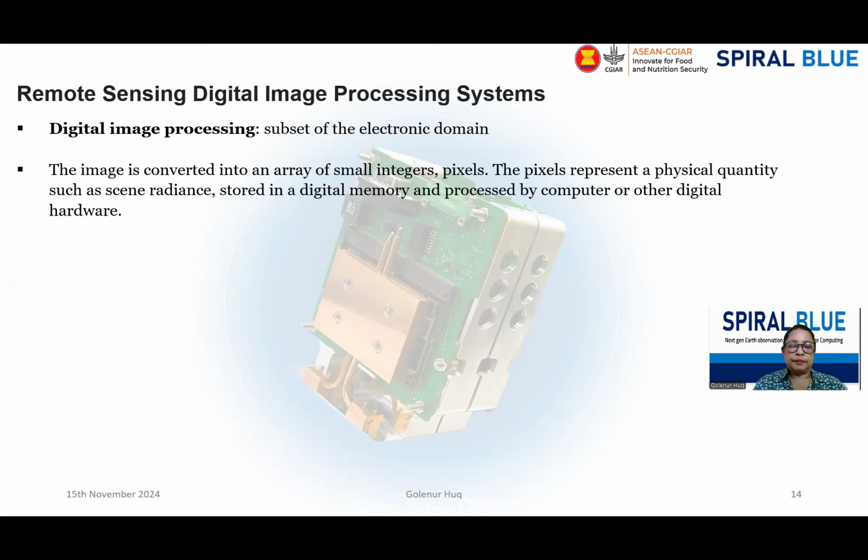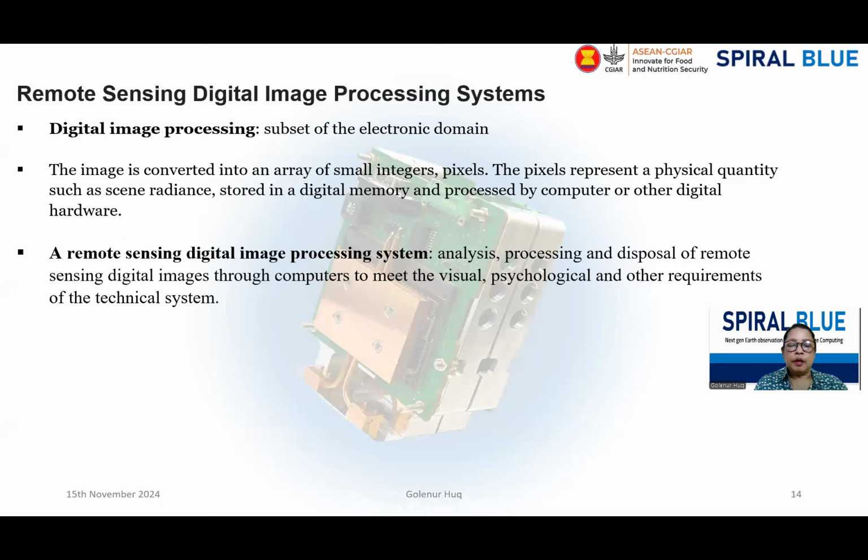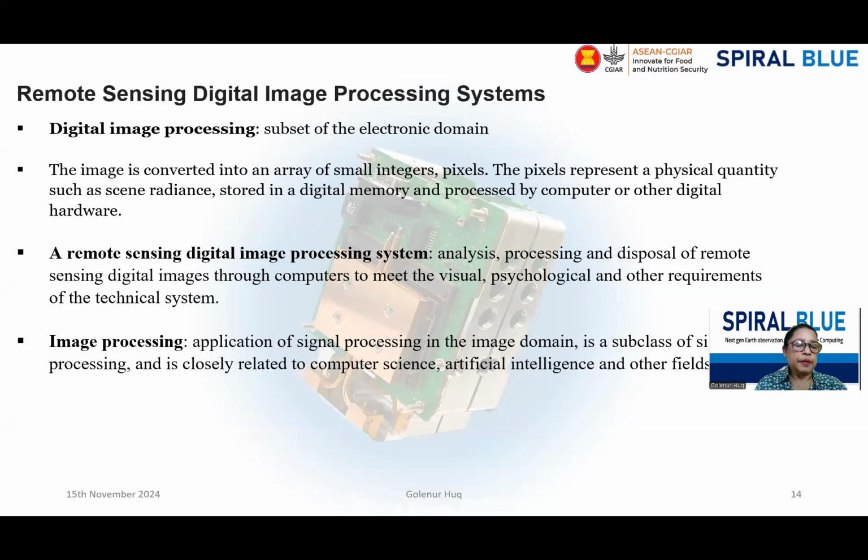Remote sensing digital image processing system actually refers to the analysis, processing, and disposal of remote sensing digital images through computers to meet the visual, psychological, and other requirements of the technical systems.